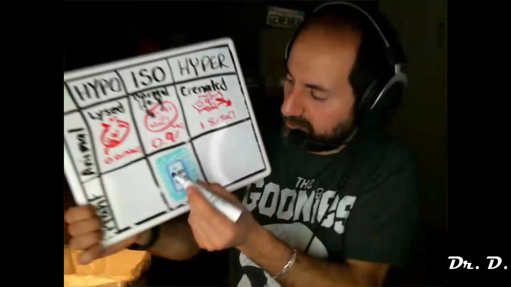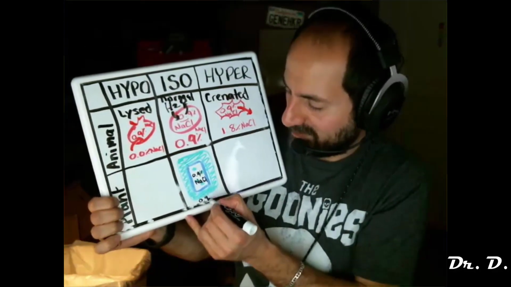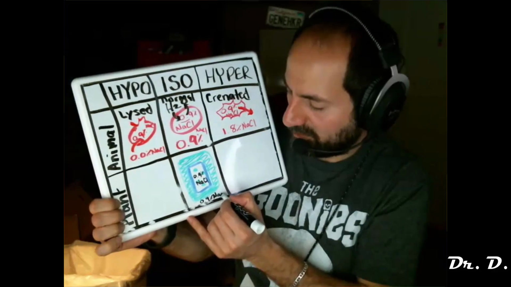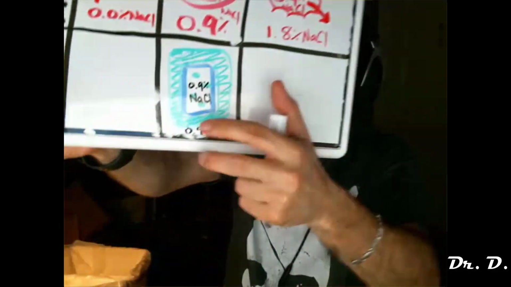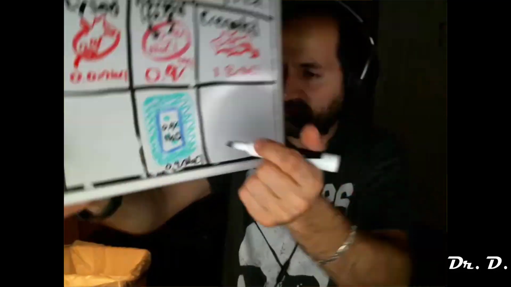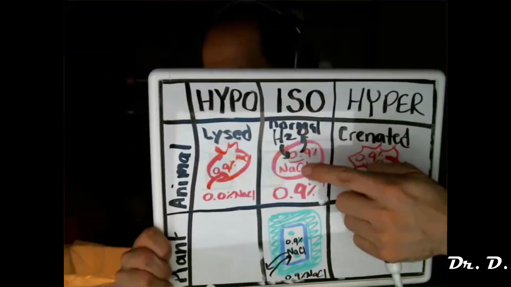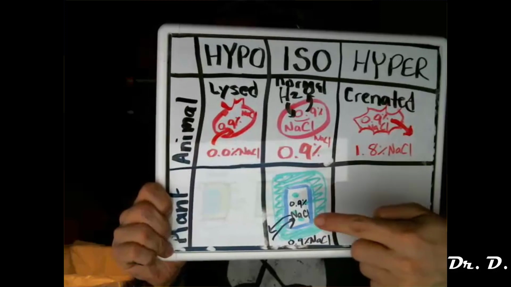An isotonic condition would mean how much salt is there outside? That's right, 0.9% salt outside. So what that means is that there is the same concentration of water inside and outside. So for every 1 water that enters the cell, 1 water leaves the cell. But believe it or not, even though animal cells prefer this, plant cells actually don't prefer this.